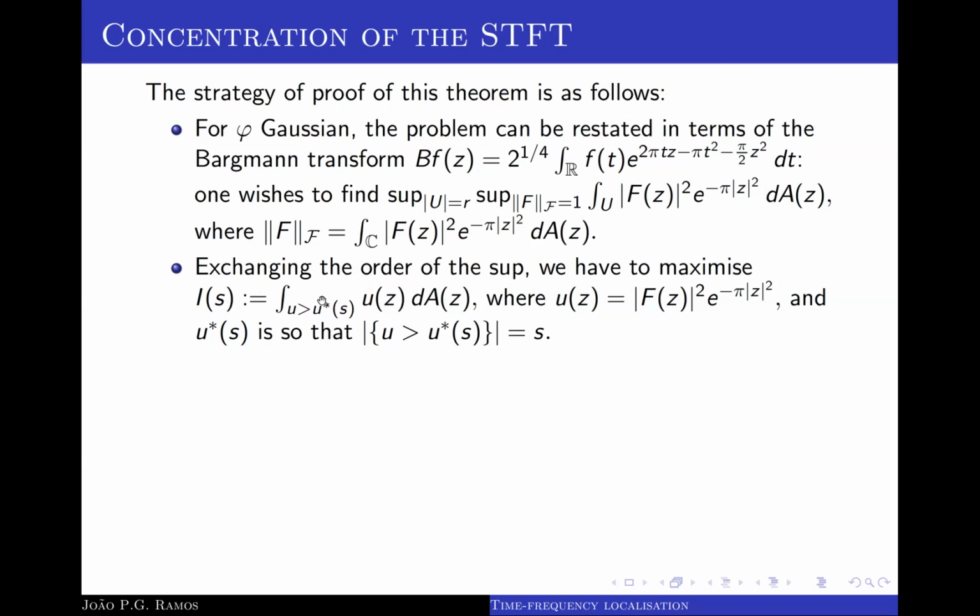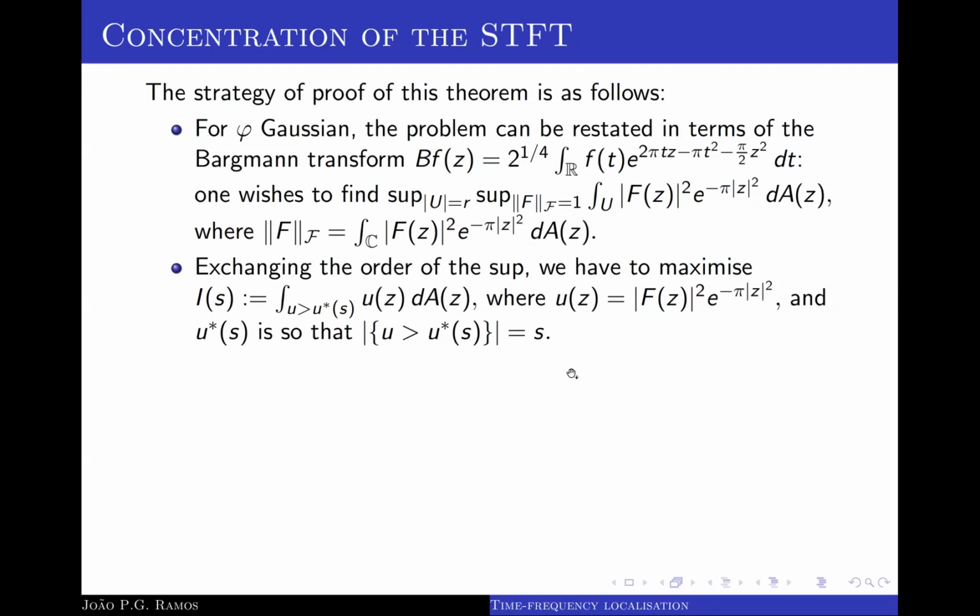These level sets have to be of the form u greater than u star of s, where u star is the decreasing radial rearrangement of u, which has this measure theoretical property.